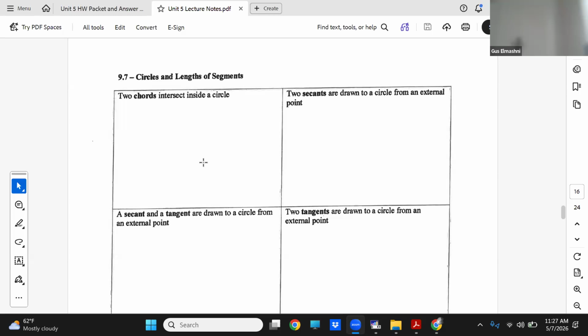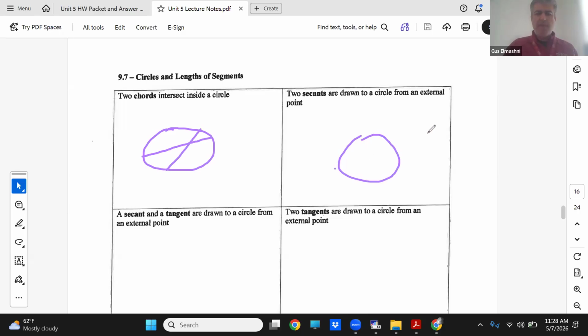The problem with 9-7 is that a lot of them look like this. You have these diagrams again, and these chords, and they label the sides instead of dealing with the angles.